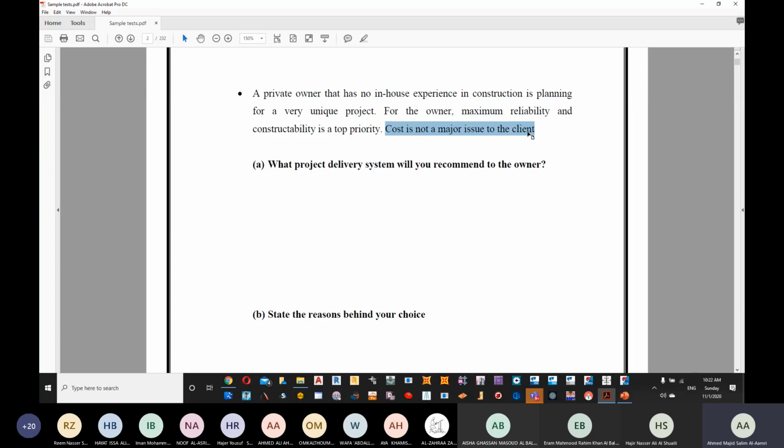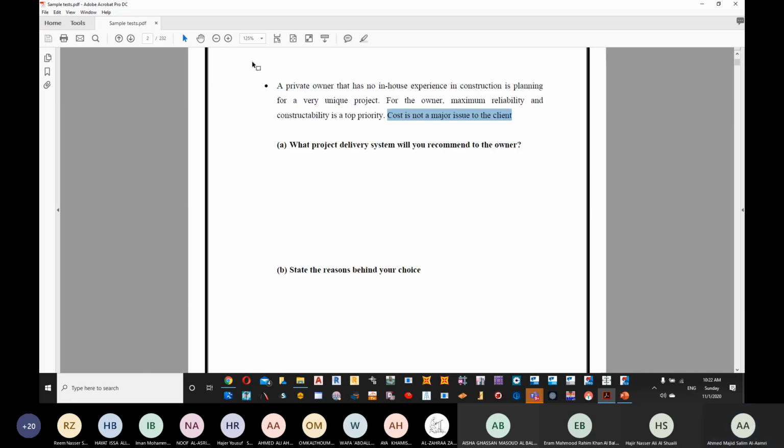So once again, three things have been given: maximum reliability and constructability, which means that whatever design we are doing is going to be able to be constructed without any issues, and the cost is not a major issue. And these fit design, build. Are we clear?